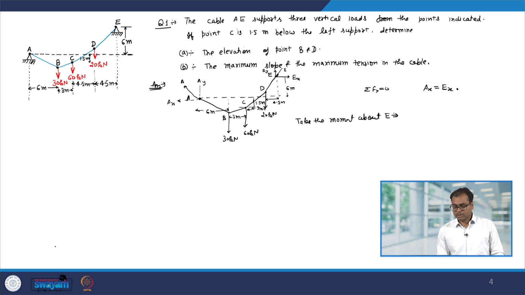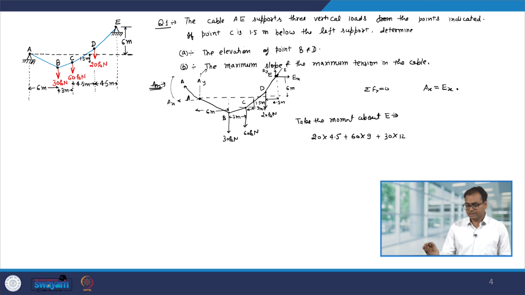Therefore, Ex and Ey will not contribute, and I have a 20 kilonewton force. So, 20 kilonewton force into its normal distance from point E, which is 4.5 meter, plus 60 into 4.5 plus 4.5, which is 9 meter, plus 30 into 12. Now, about point E, the force Ax has a tendency to rotate like that, and Ay has a tendency to rotate like that.